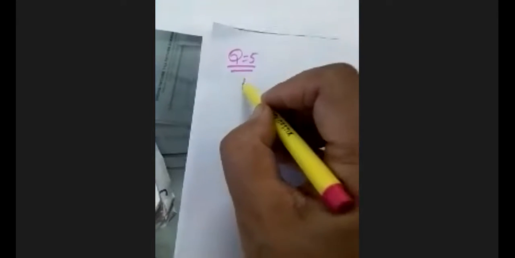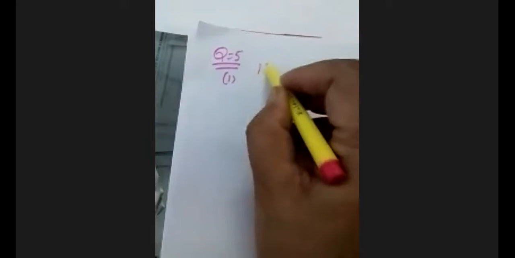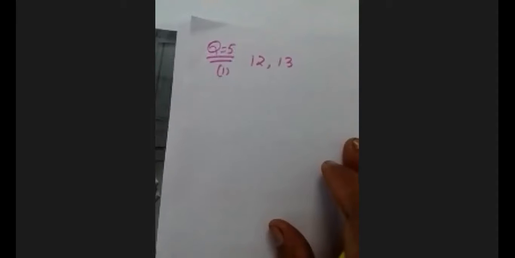Your numbers are 12 and 13. Fifth question, first part. Your numbers are 12 and 13. Now the question is, how many natural numbers lie between the squares of the following natural numbers?